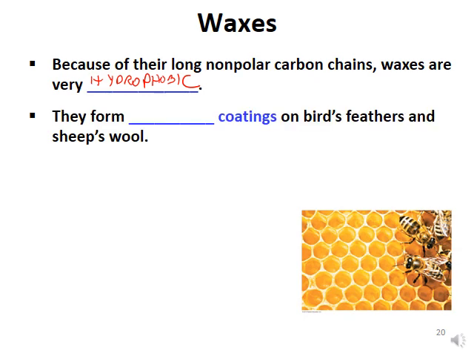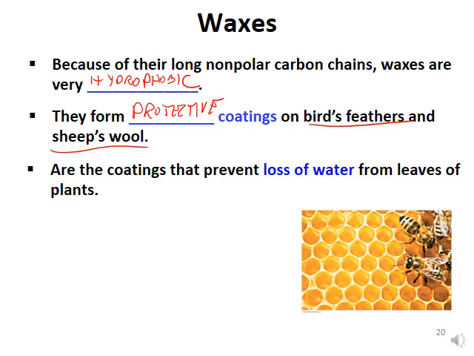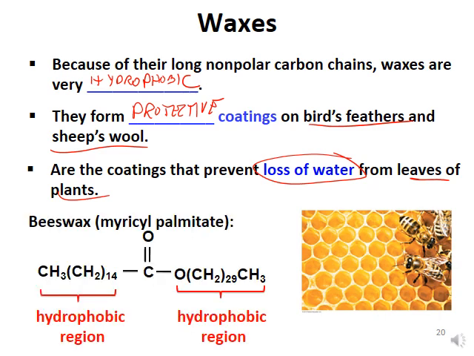Therefore, they form protective coatings on birds' feathers. Did you know that birds' feathers had waxes on them? Absolutely. Sheep's wool as well. And they're also the coatings that prevent leaves of plants from losing water because they've got waxy coverings on the leaf. There's beeswax, which is myricyl palmitate.